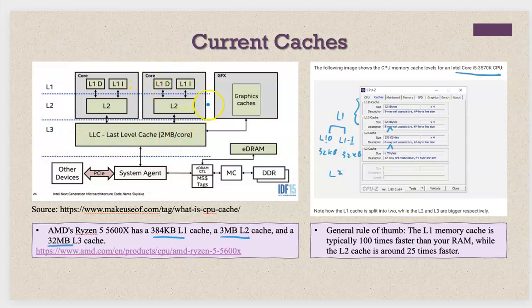Then for the other core, you have your L1 level, your L2 level, connected to your L3 level. Then your level 3 is connected to your graphic cache. And then your L3 cache is connected to a system agent, connected to a PCI Express, connected to other devices that you wish to connect to.